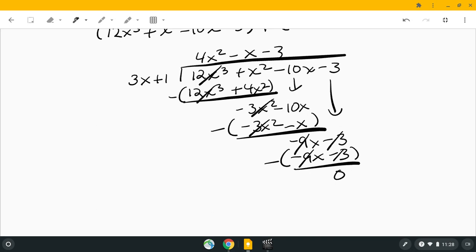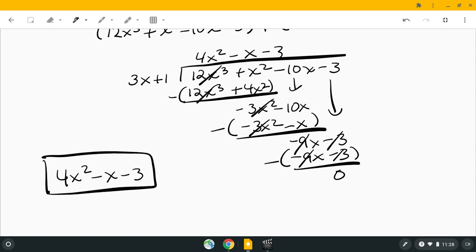Okay, so then our final answer would be 4x squared minus x minus 3. This tells me that 3x plus 1 is a factor of this. So if we were to factor this polynomial, 3x plus 1 would be one of the factors because we got 0 remainder.